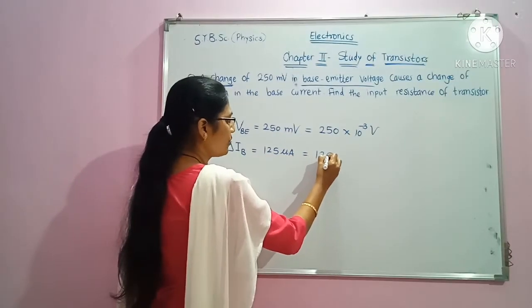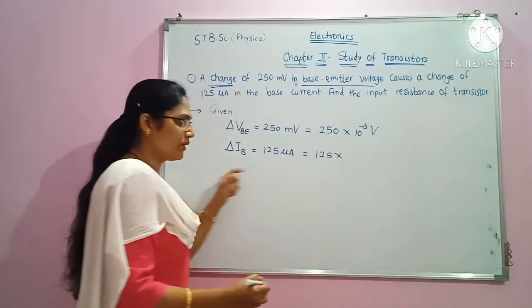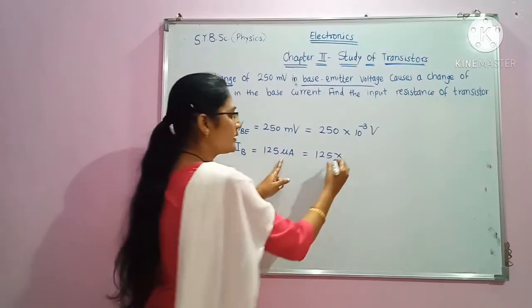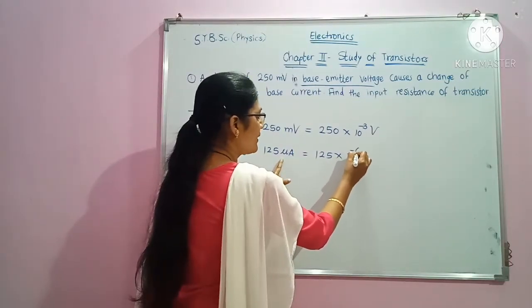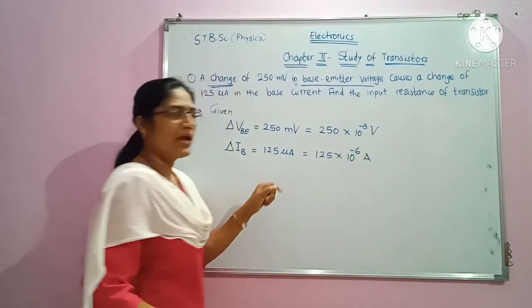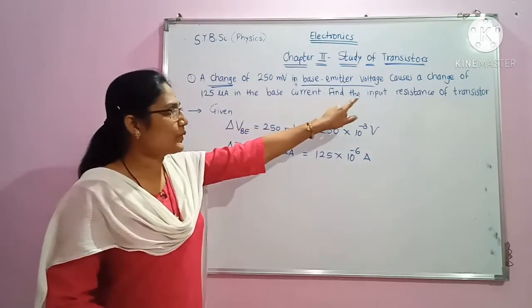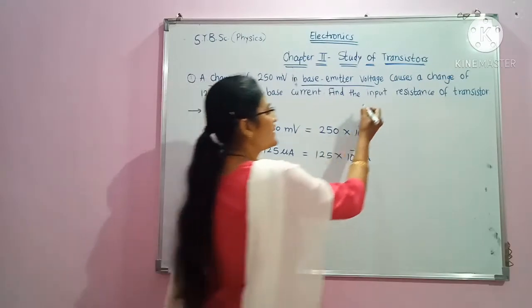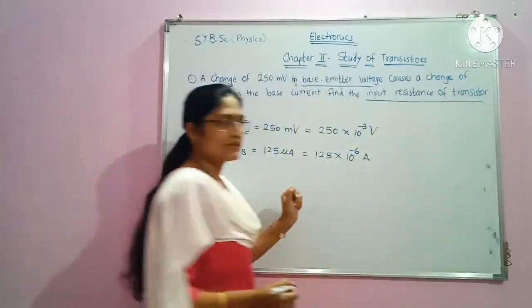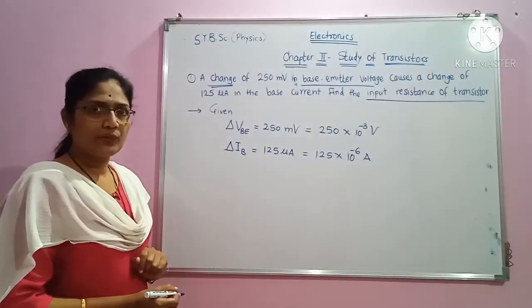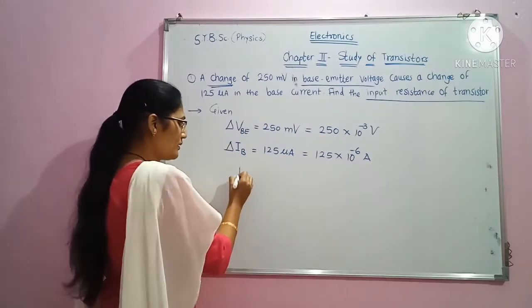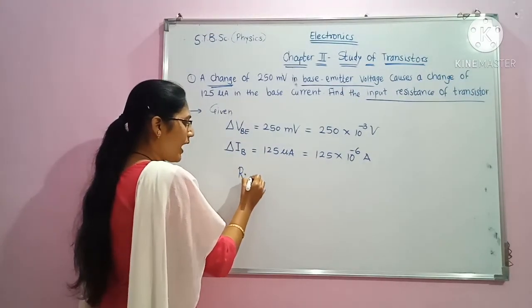In order to convert it into ampere, we have to multiply this by 10 raised to minus 6, and it will be in ampere. Now they have asked us to calculate the input resistance of the transistor, and it is given by Ri.